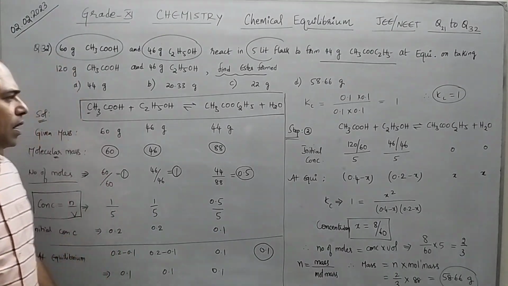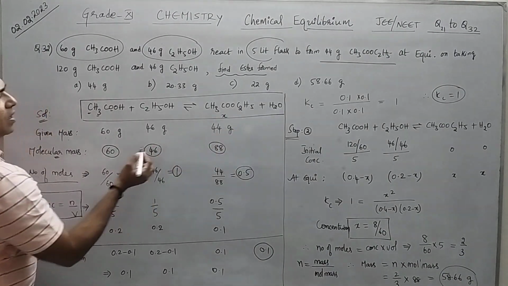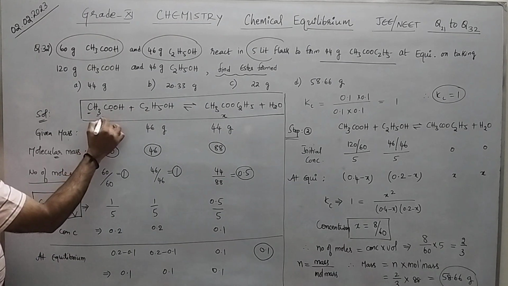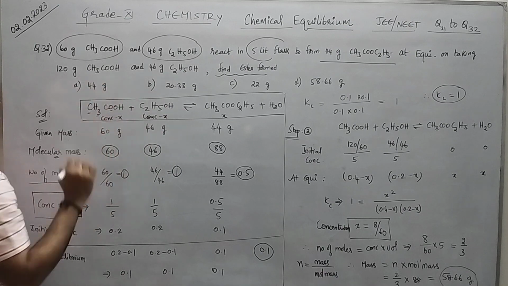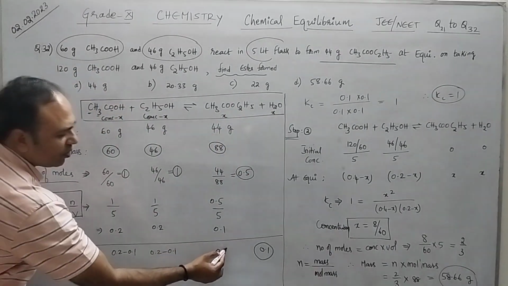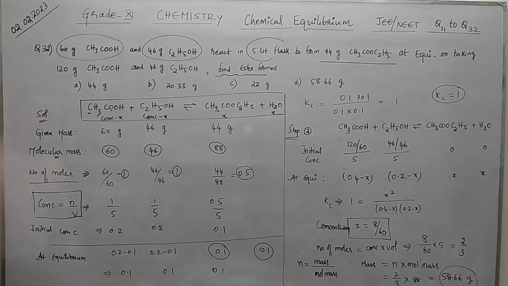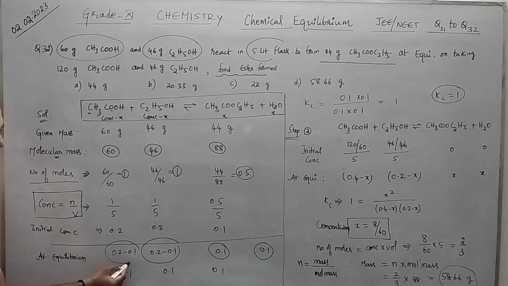Now, we have a formula here. Suppose the change is X. Then this is concentration minus X, this is also concentration minus X, and this is X. And what is the value here? X value is 0.1. So therefore this is 0.2 minus 0.1, 0.2 minus 0.1.